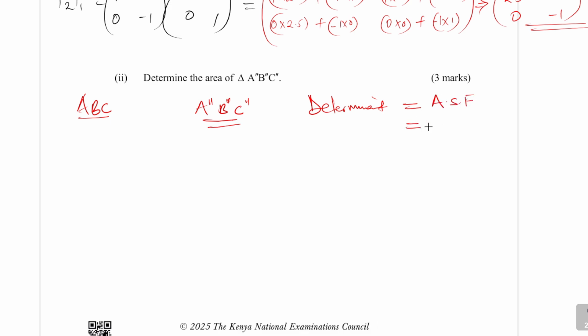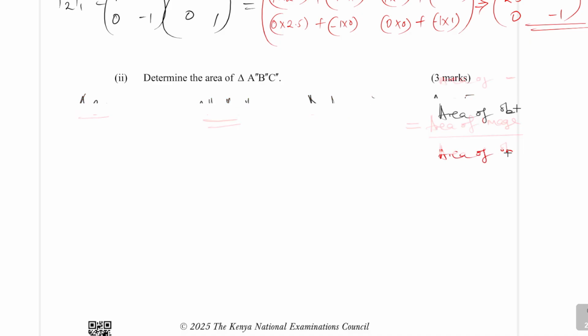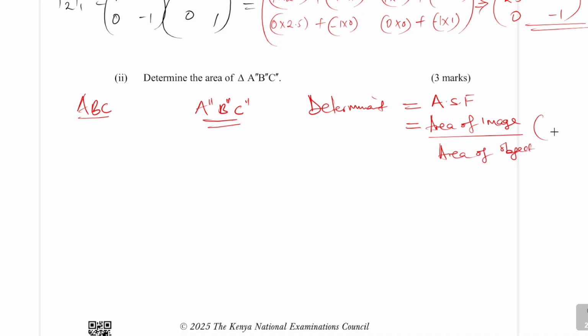And how do you get the area scale factor? It is the area of the image divided by the area of the object. So this concept is very important. That is what you're going to use.